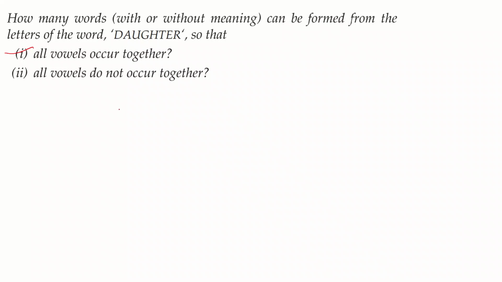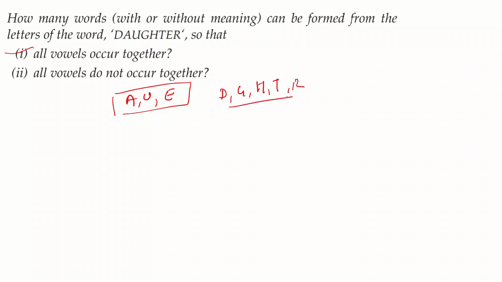So how many vowels are there? A, U and E are the vowels, and the remaining D, G, H, T and R are consonants. So in all there are 8 letters, 5 plus 3. There are 3 vowels and 5 consonants.